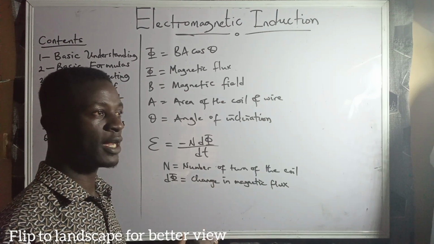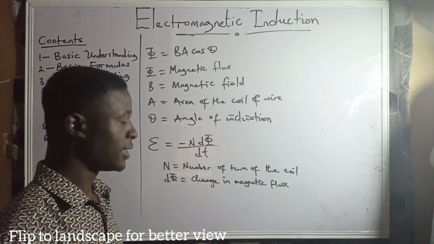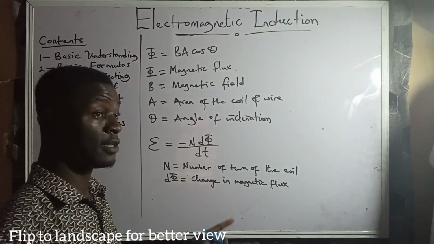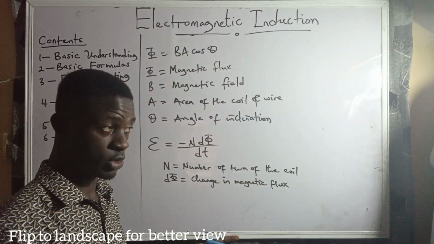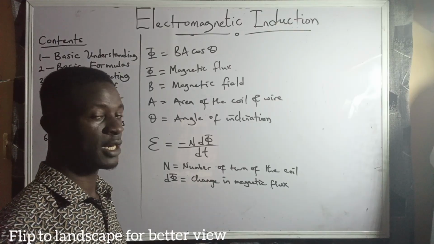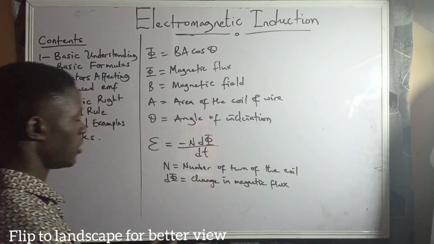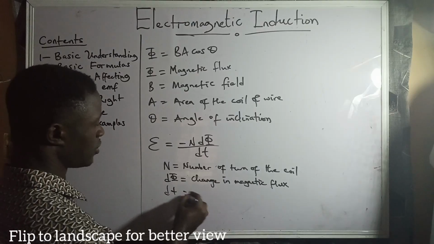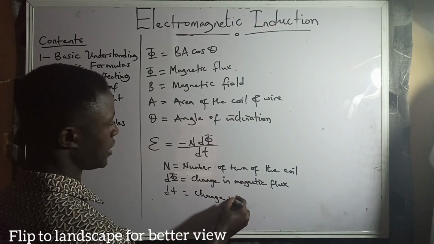If the movement of the bar magnet inside the coil is fast, then this change in magnetic flux will be much. But if it is slow, then the change in magnetic flux will be small. So then this one is change in time.